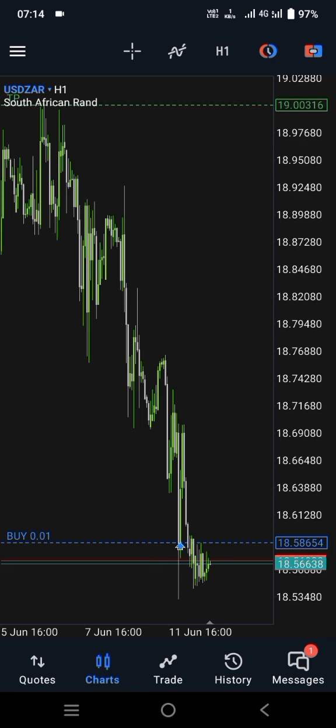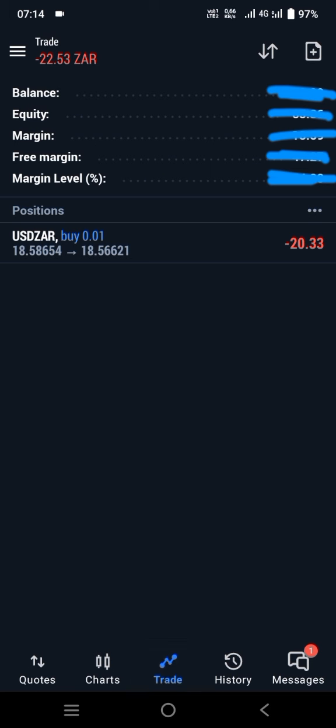News creates volatility on the market. So this is USD ZAR. This is what I see on USD ZAR. So yeah, we're currently running on a small loss. So let's go to the chart and I'll explain to you what I see on USD ZAR for CPI today.